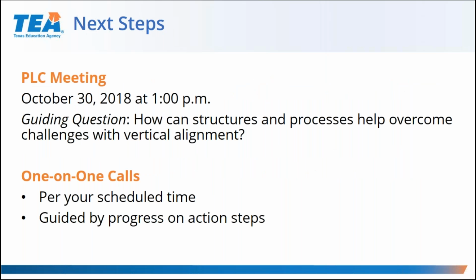Two weeks from today at 1 o'clock, we'll have our PLC. Our guiding question will be, how can structures and processes help overcome challenges with vertical alignment? That week and the following week, we will have our one-on-one calls for Unit 2. I believe I moved a few of your calls, and I shouldn't be moving anyone else's calls for Unit 2.